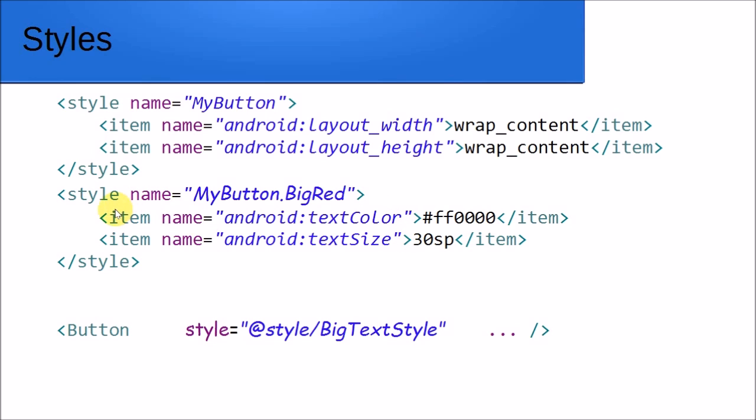And this code is just all in one place, so you don't have to go to each button and set the text color, for example, or more commonly the text size, because by default the text size might be too small. And the styles also let you cut down on the amount of XML, because you no longer have to set a text size for each button. You just set it in a style somewhere else.